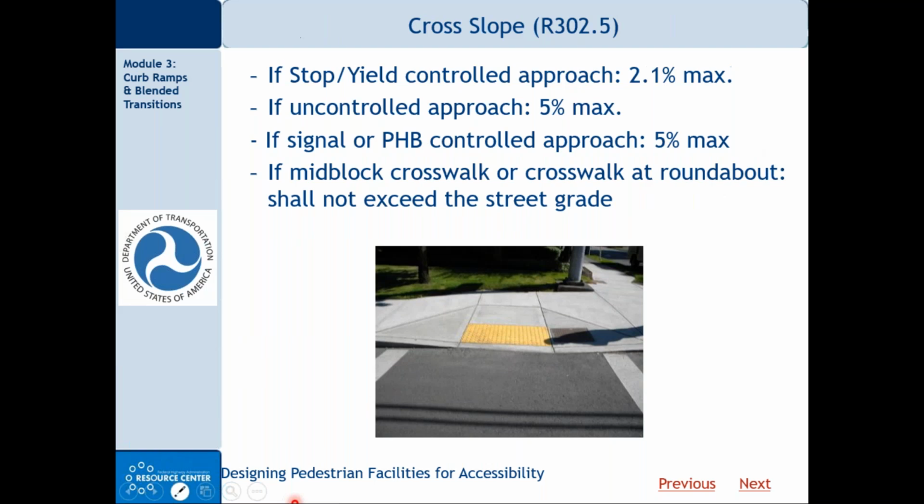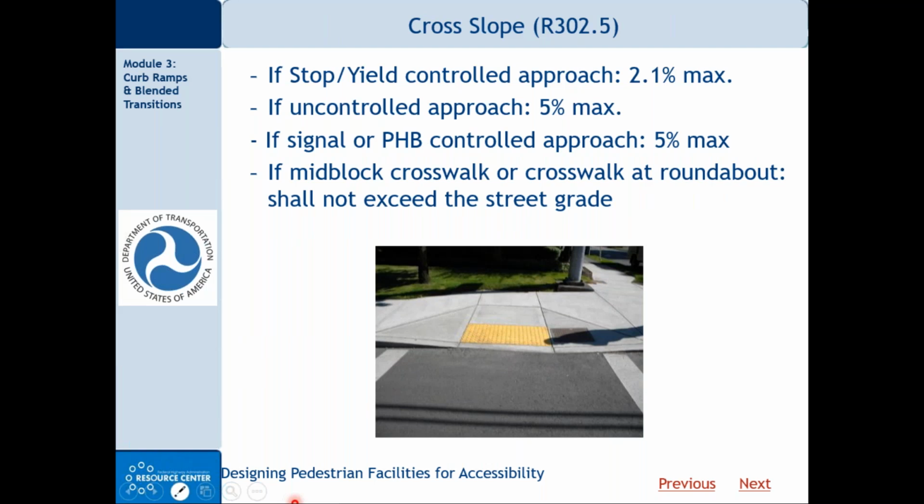So what does R302.5 say? You'll notice the cross slope requirements are a function of the traffic control on the intersection approach that's involved. If the approach is stop or yield controlled, the maximum cross slope is 2.1%. If it's an uncontrolled approach, meaning no stop sign, no traffic signal, 5% max.